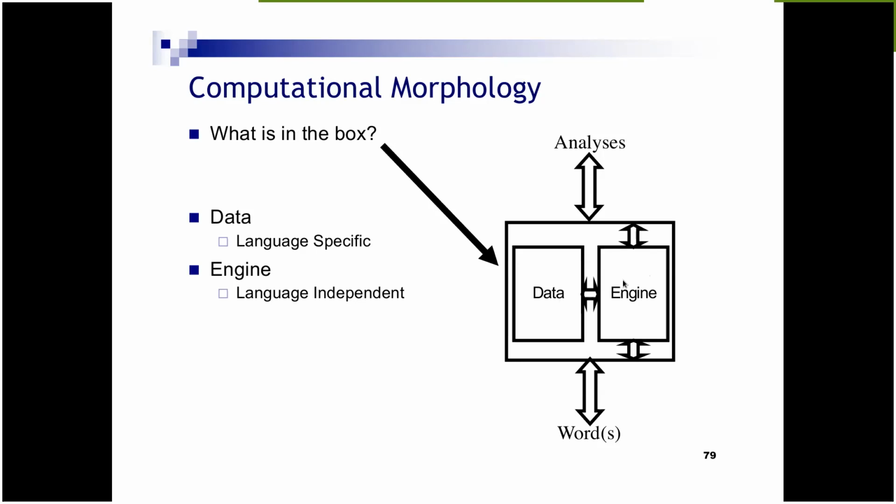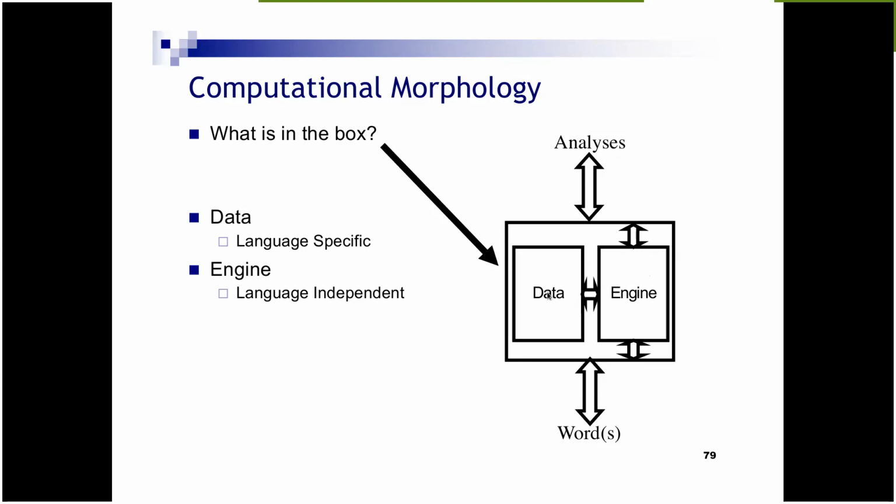And then the engine can be an algorithm that is language independent, that, given the words, looks at the rules and produces the analysis, or you give it roots and features, it looks at what the rules say, and then it gives you the words.